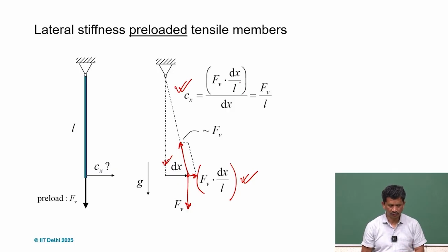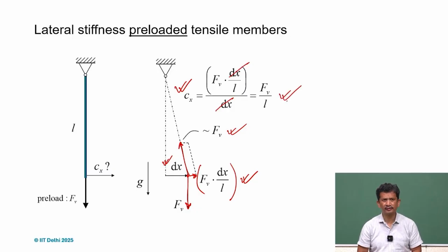We can always use trigonometry, and when dx is very small, the tension will be almost equal to Fb, but this number will be dx by L, and dx can be cancelled. Ultimately this is the stiffness we feel, Fb by L, that is the stiffness in the x direction. Of course, this is positive in this case.